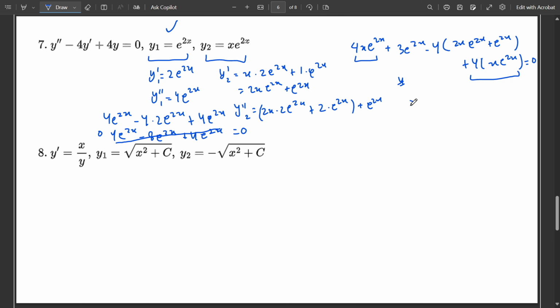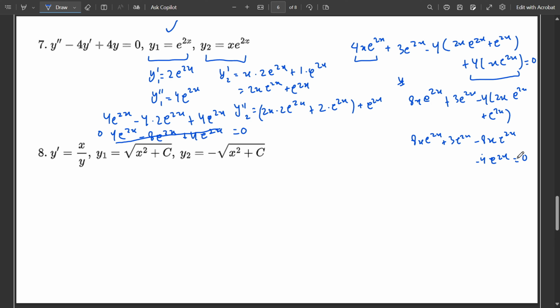We have 8x e to the 2x, and then plus 3e to the 2x minus 4 times 2x e to the 2x plus e to the 2x. Wait, is this correct? 4 times y prime, yep. And distribute the 4, we have 8x e to the 2x plus 3e to the 2x minus 8x e to the 2x minus 4e to the 2x.